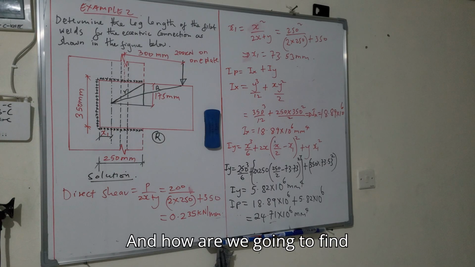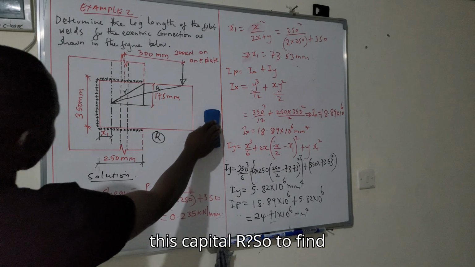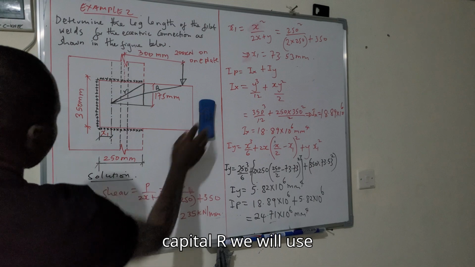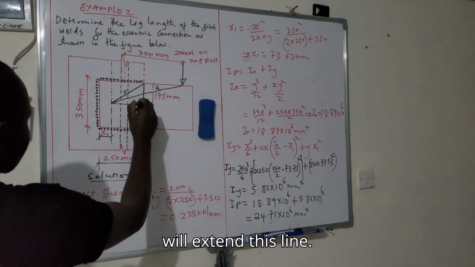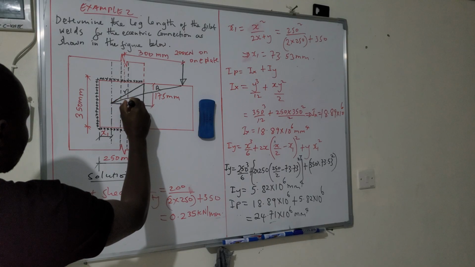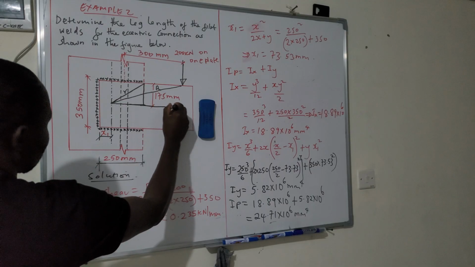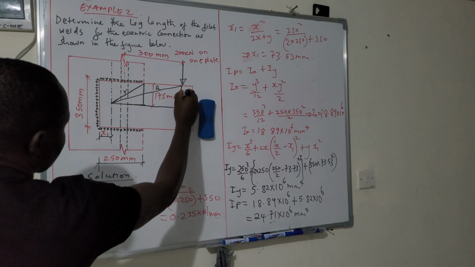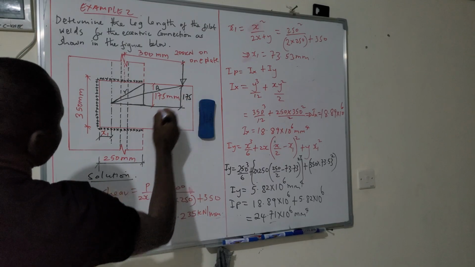How are we going to find this capital R? To find capital R, you will use Pythagoras theorem. The first thing, you will extend this line. So this is 175.